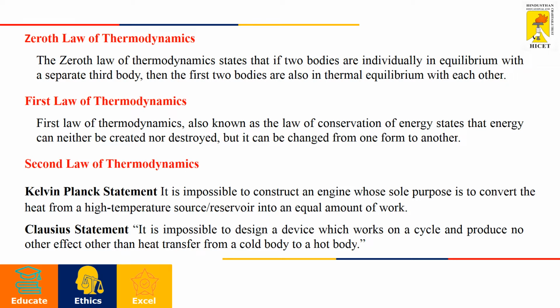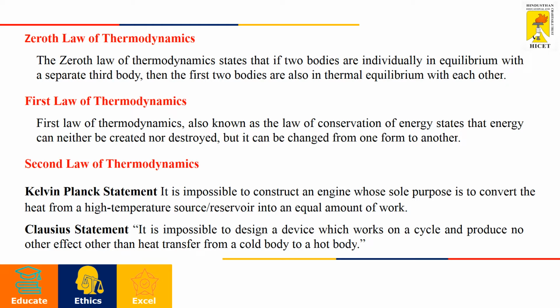Whatever we feed will not be converted completely into work. There will be some loss to the environment. It is like the engine we use in an automobile. We feed it fuel, and the fuel is not entirely converted into work. Some amount of input is wasted.